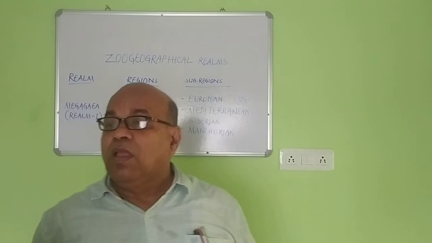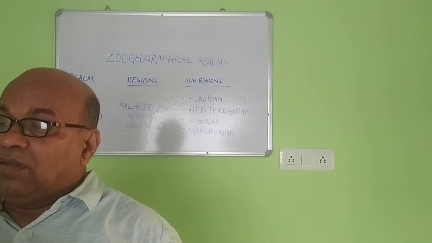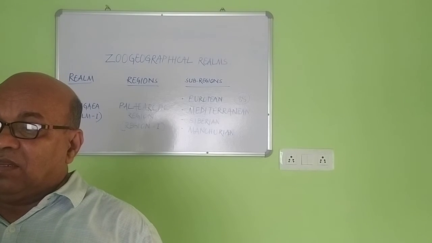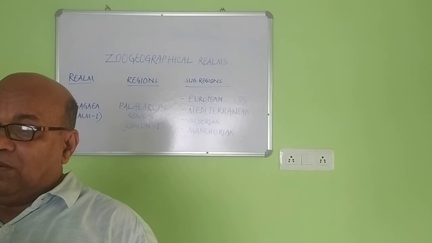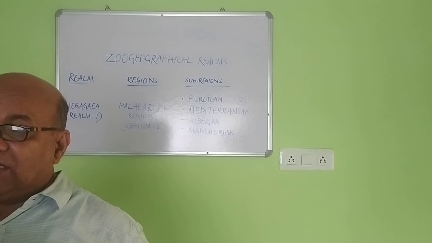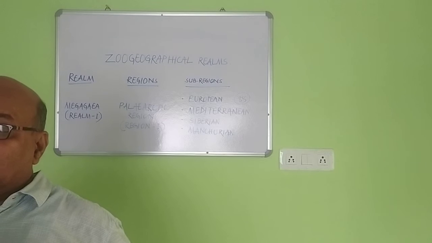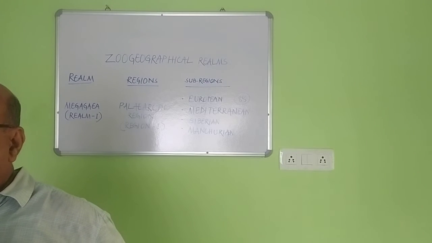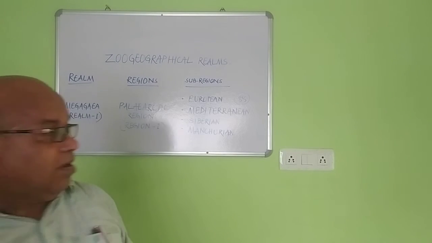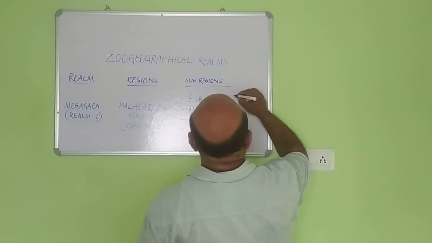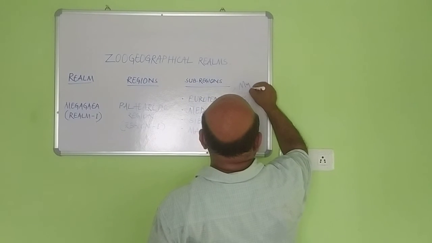How many? 85 families of vertebrates. Generally these vertebrates are distributed in the European region. The peculiar mammal of this region is known as Myogale.